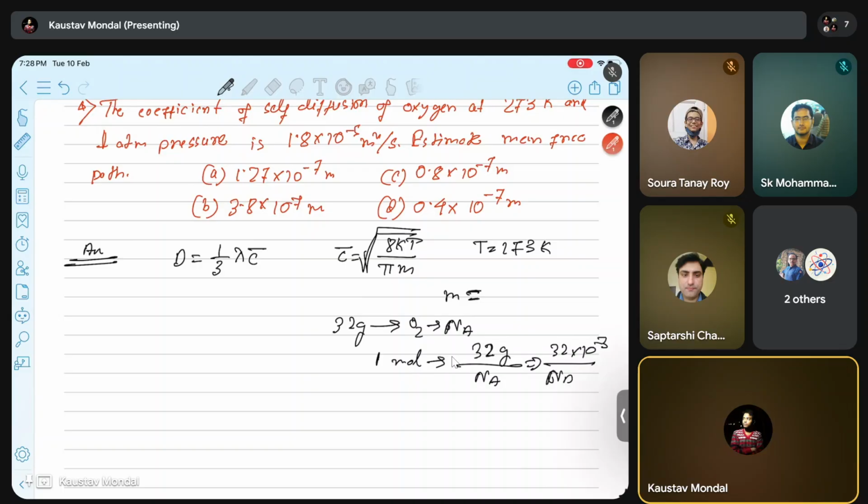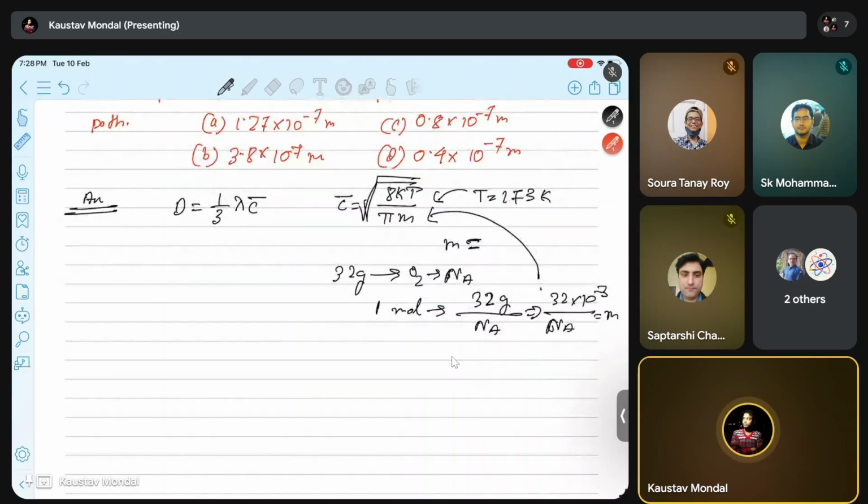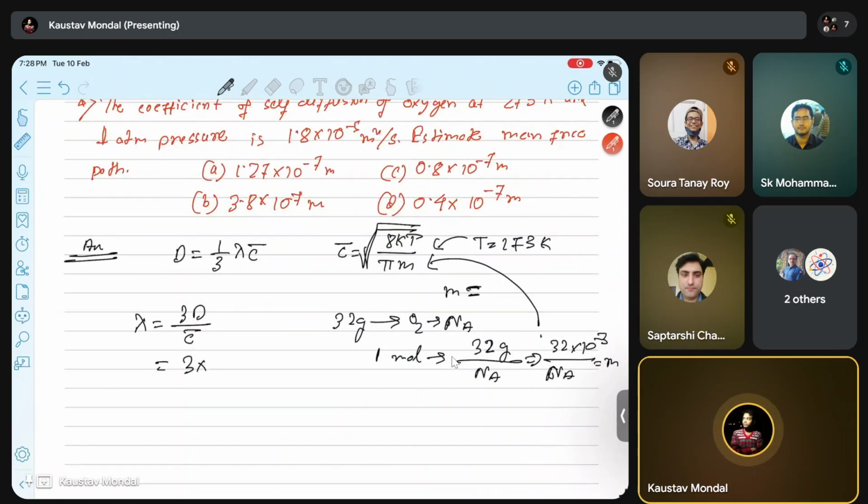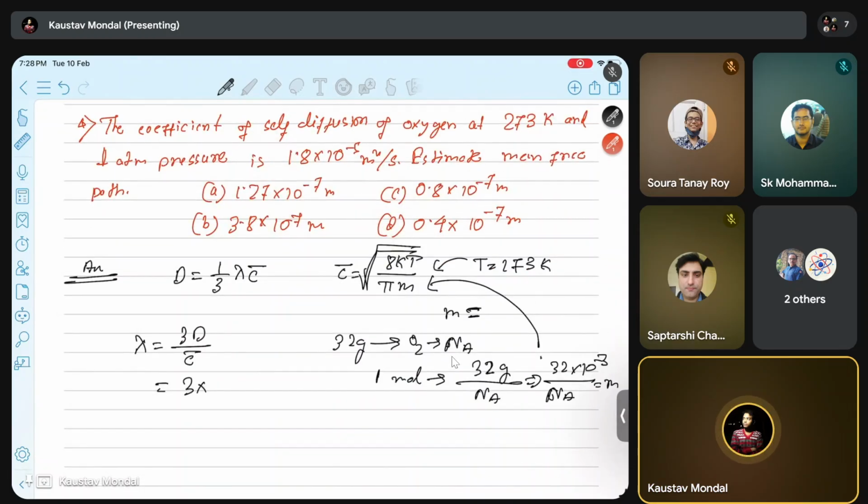So 32 by Na. Substitute this thing here. The expression of M is this, this is basically T, Kb you already know, and lambda. So you have to calculate the lambda. Lambda is basically 3D by c bar, where D is the self diffusion coefficient, given by 1.8 into 10 to the power minus 5.